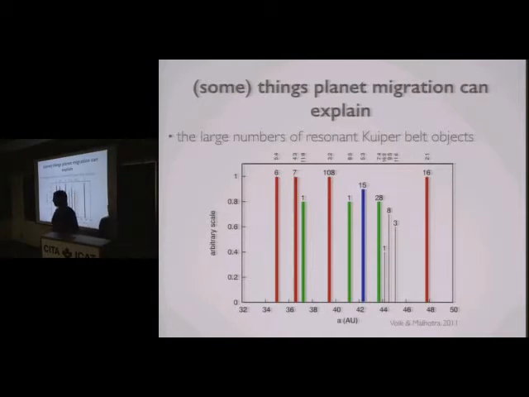So Malhotra used to argue these were just captured after the fact, right? Stochastically. Is that definitely not true? Well, I mean, you wouldn't expect to see quite this many objects in the resonances. Now, depending on exactly what's going on with the resonances during migration, this idea of picking them up as the resonances slowly sweep out is not necessarily going to have to be the case.